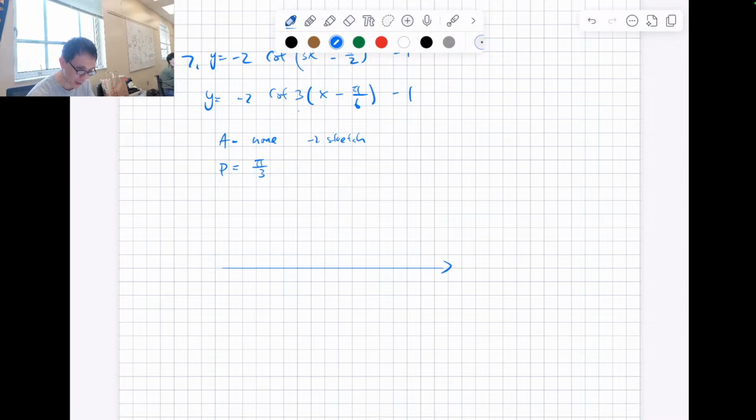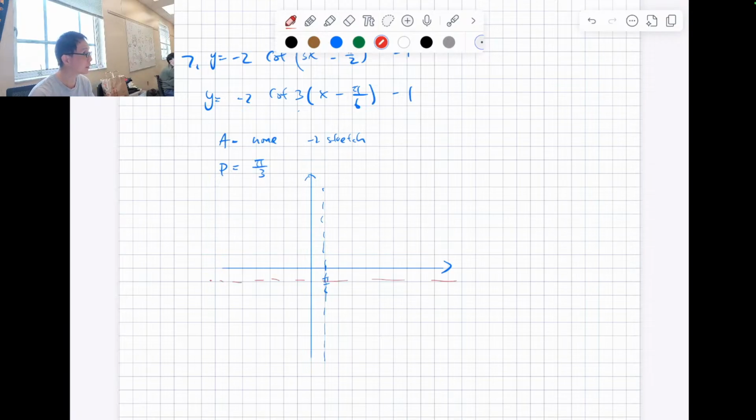So what happens is you are gonna have an asymptote. The asymptote is gonna occur first at pi over 6. And also at negative 1, this is the midline.